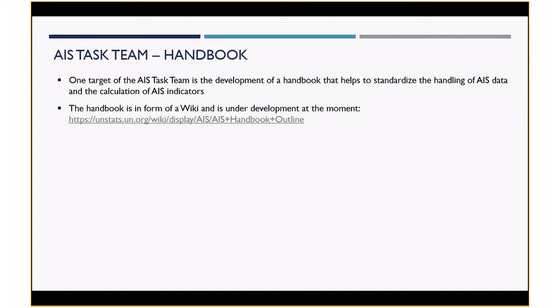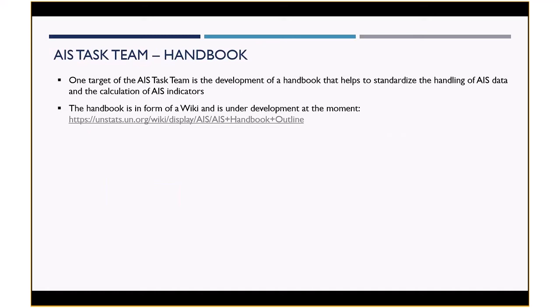So the one target of this AIS task team is the development of a handbook. And this handbook is supposed to help to standardize the handling of AIS data and also hopefully the calculation of AIS indicators. Because especially in official statistics, it's important that we have comparable data, because otherwise we cannot compare the indicators across countries or across ports.